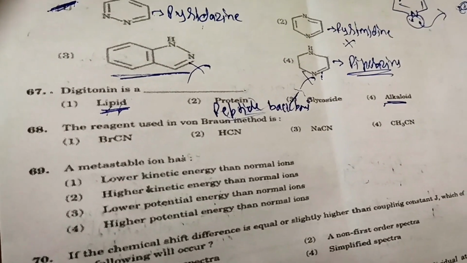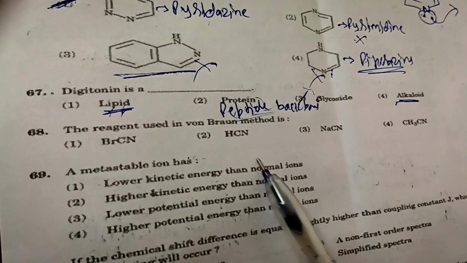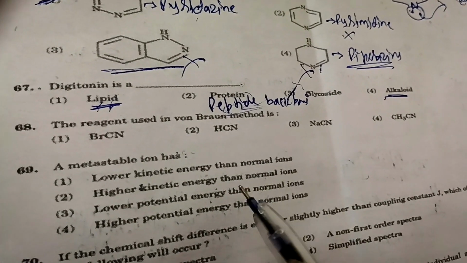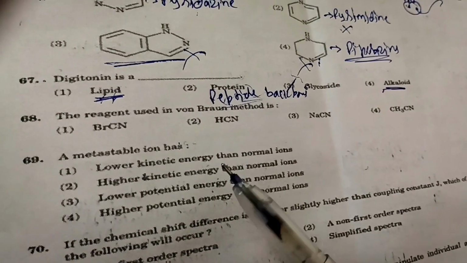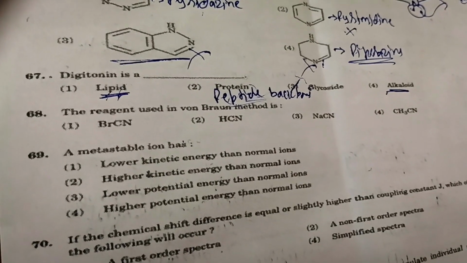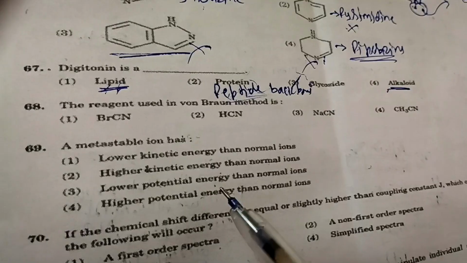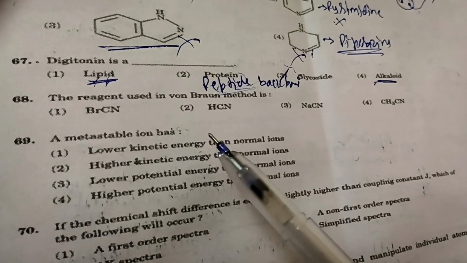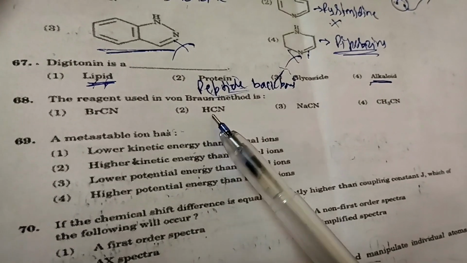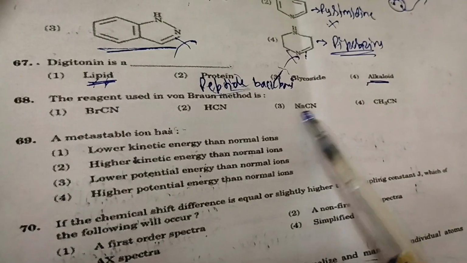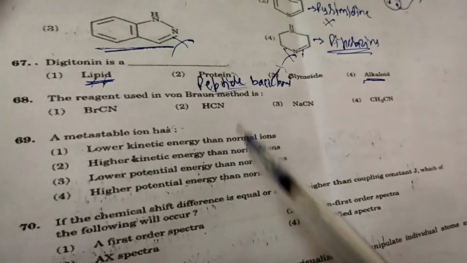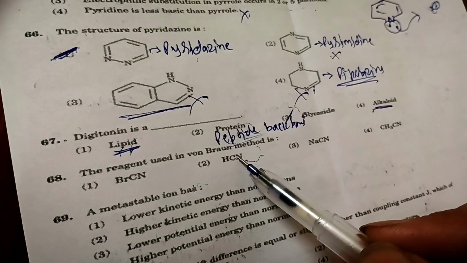Okay. Next is the reagent used in the von Braun method. We know the von Richter method from the first or second semester of the MSc, but here they are asking about von Braun. In von Richter, HCN and NaCN are used, so we can eliminate these both.